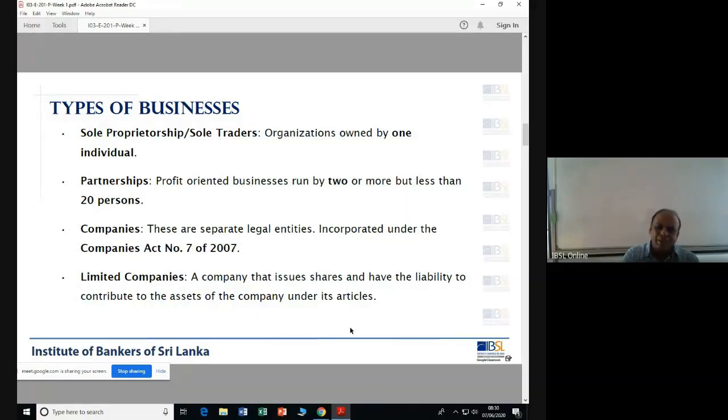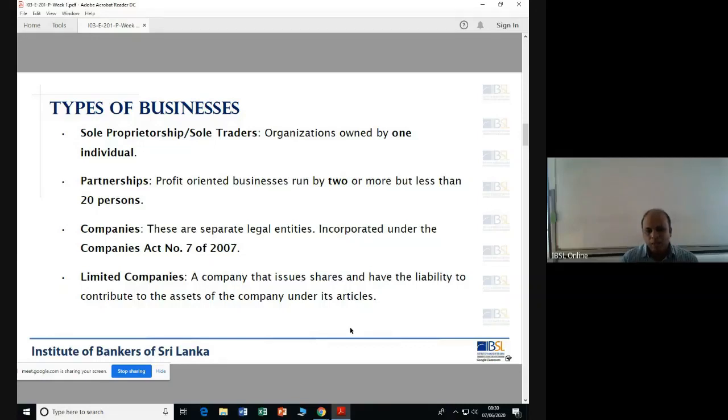With the introduction of this new Companies Act number 7, all the companies were registered once again under it. There were a lot of changes in the requirements under this act, and people had to go through that process and get themselves registered under this new act, the Companies Act number 7 of 2007.